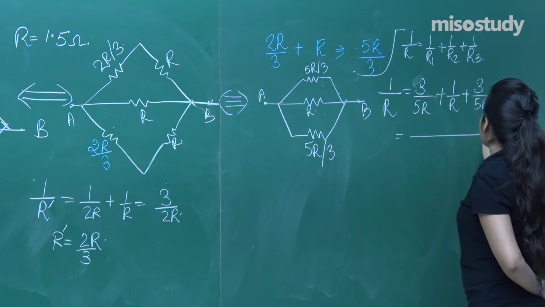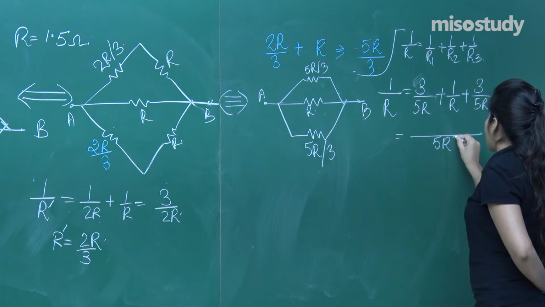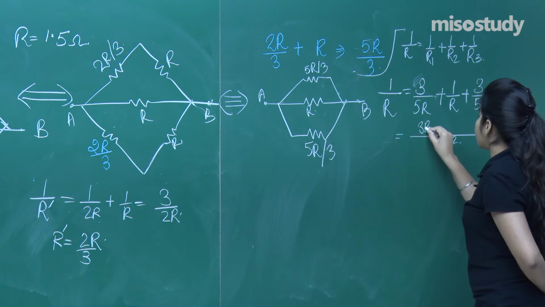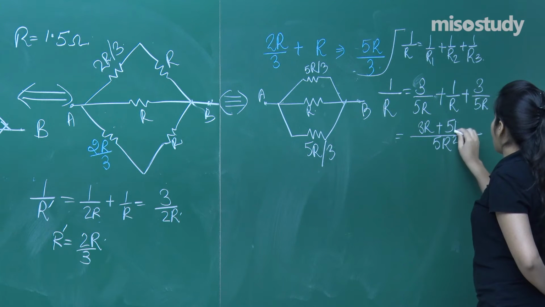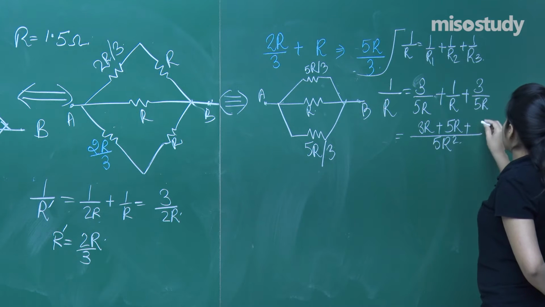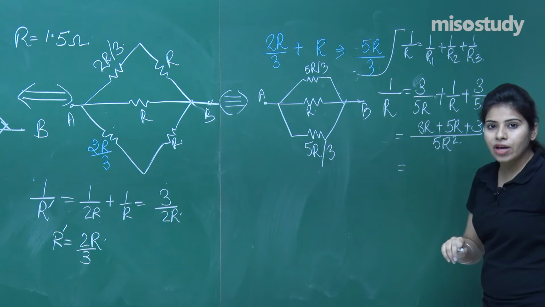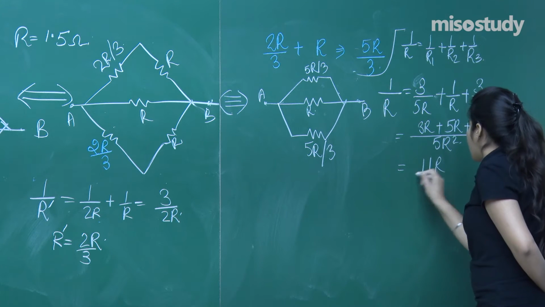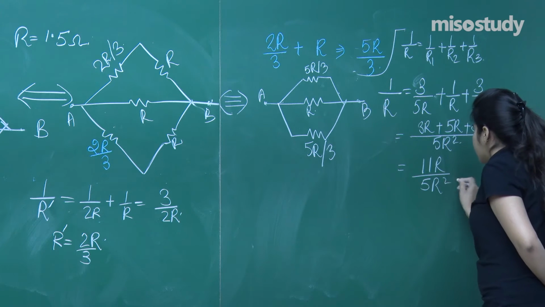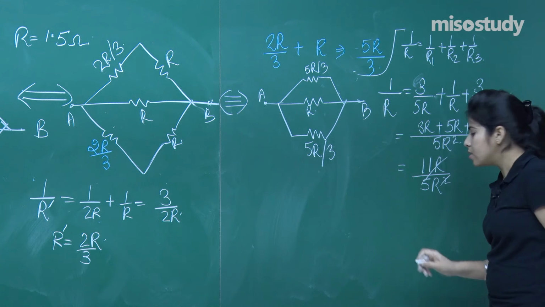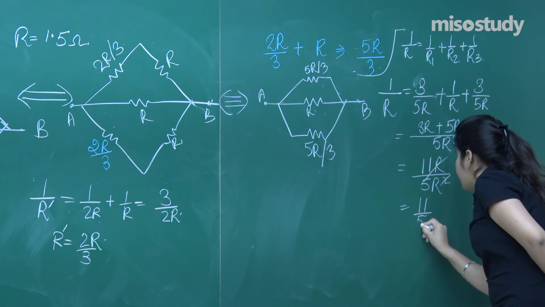If you solve it, you will have 5R squared in the denominator. So 3R plus 5R plus 3R, that means 11R upon 5R squared. This R and R will cancel, so you have 11 by 5R.